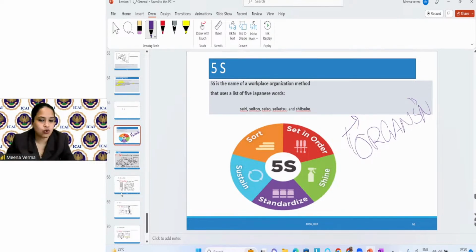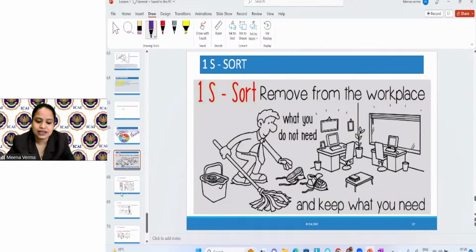We do not want a cluttered, clumsy organization. So what we have to do: Seiri, Seiton, Seiso, Seiketsu, and Shitsuke. These are actually Japanese words.